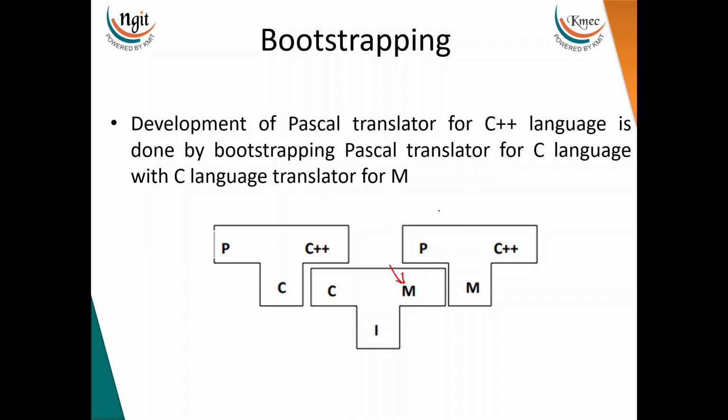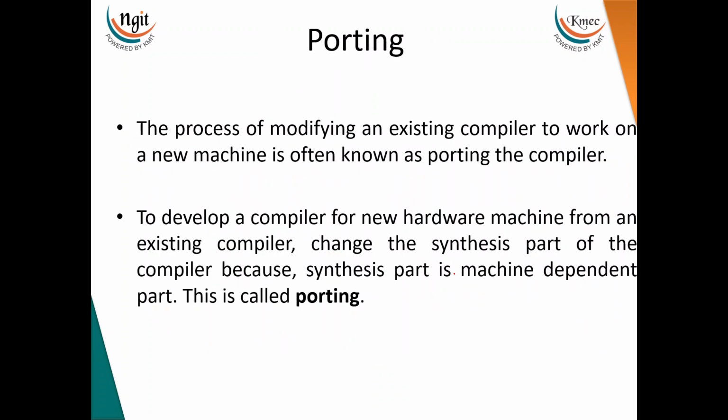Now this is ready, this is the new Pascal translator for C++. If you give it high level language, this translator will convert it into low level language. So bootstrapping means developing the compiler in the host language.